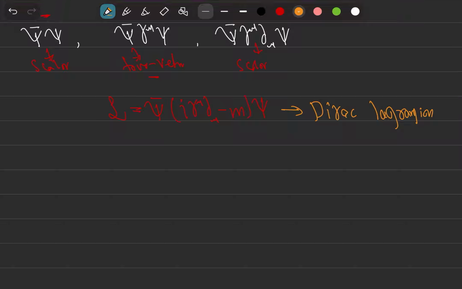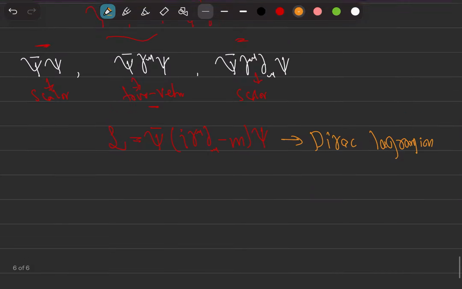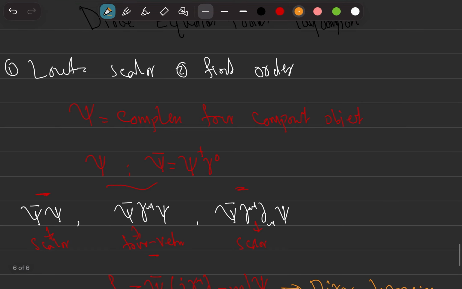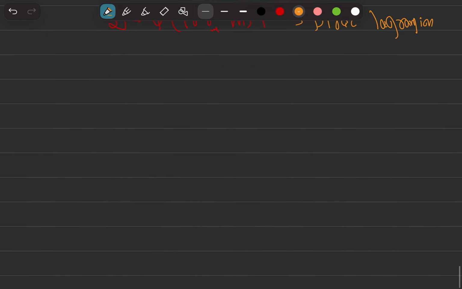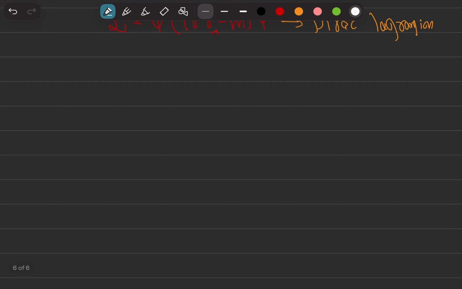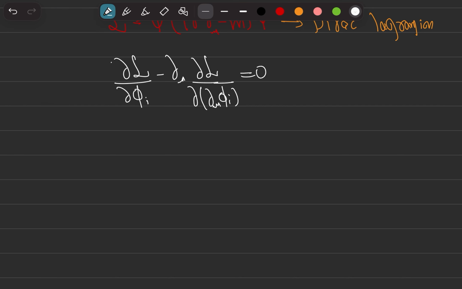Now we just go ahead and use the Euler-Lagrange equations to find the Dirac equation for it. Remember that our independent degrees of freedom are psi and psi bar, so we treat them as independent fields. Just recall that the Euler-Lagrange field equations are given by partial L over partial phi I minus partial mu of partial L over partial mu phi I is equal to 0.